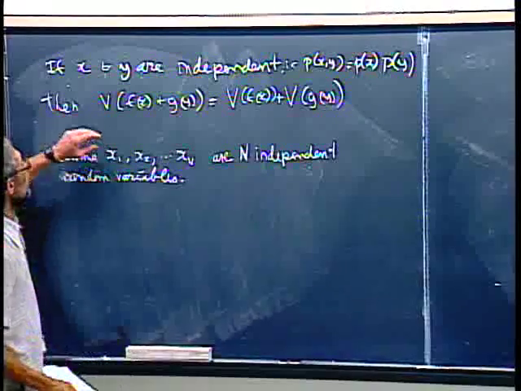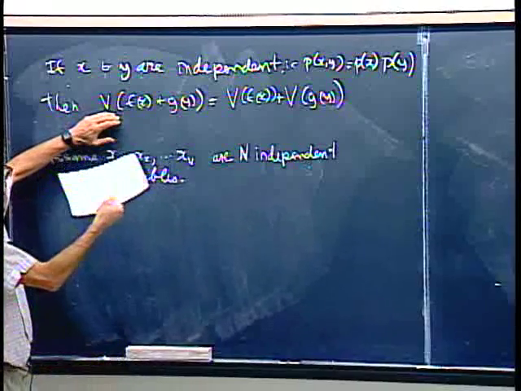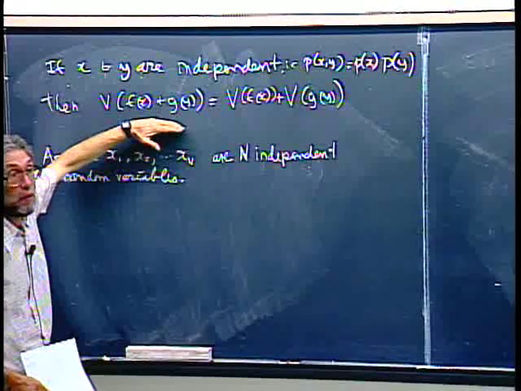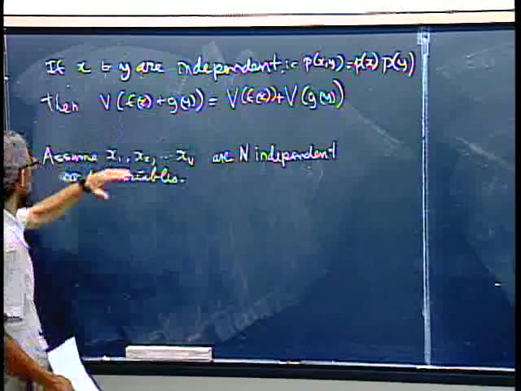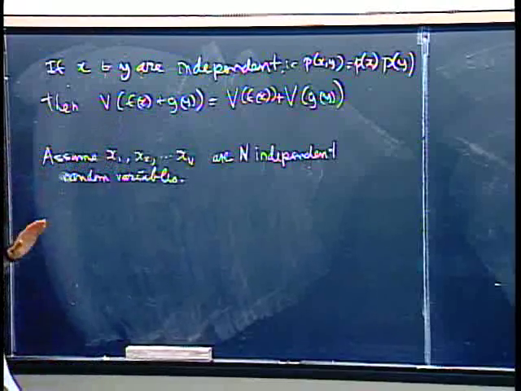And for what I'm going to do, I should mention that once you have two, you can prove more by induction. Either variances when they're pairwise independent, or sums, whether or not they're independent, just by mathematical induction.